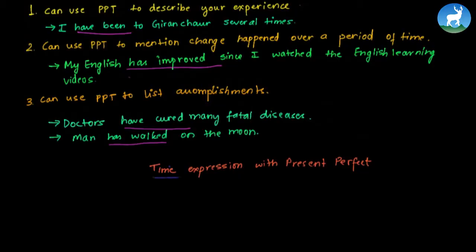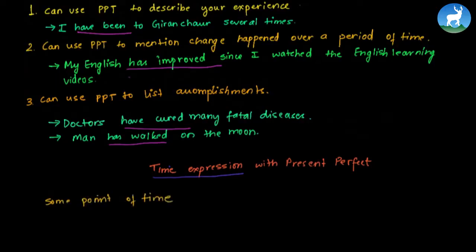So here the time expression is not a specific time, but an uncertain time. Time here is not specified. We just use some point of time in our lives before now.